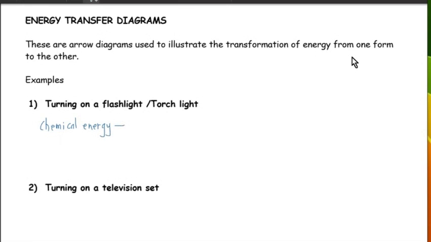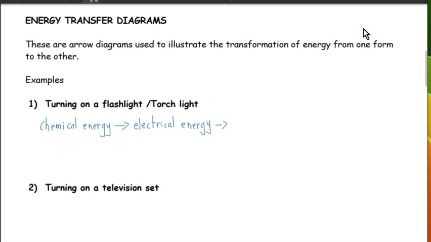And then the battery will then produce electrical energy. And then this electrical energy will further be converted into light, and eventually heat energy will also be produced.